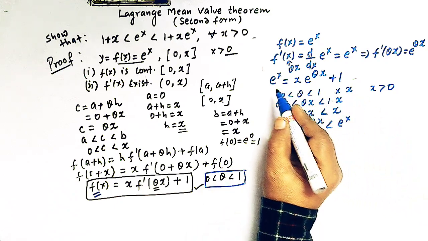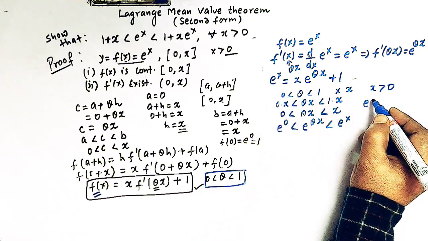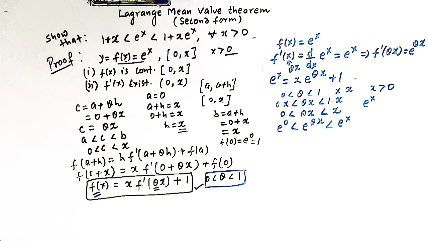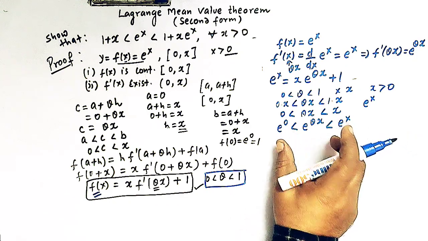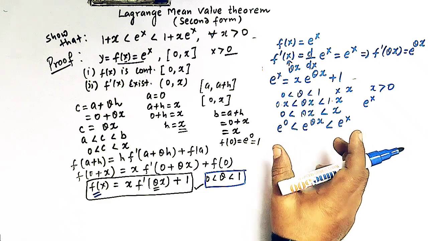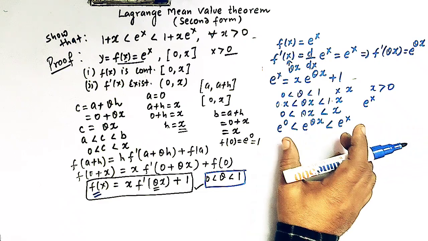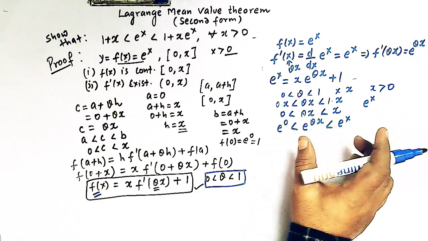And since the exponential function, that is e raised to x, is an increasing function, the direction of the inequality is intact, right? So the direction of the inequalities remains the same.